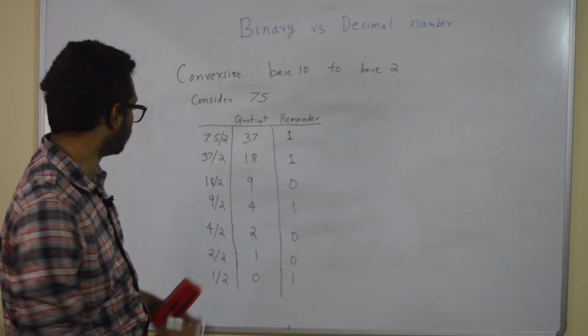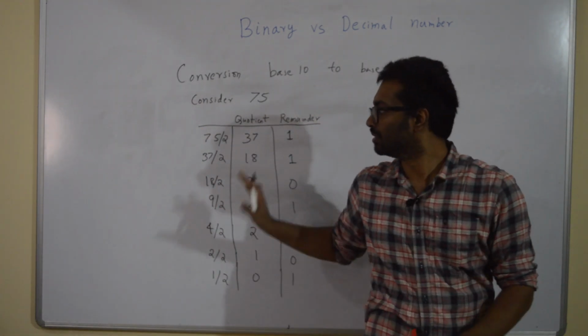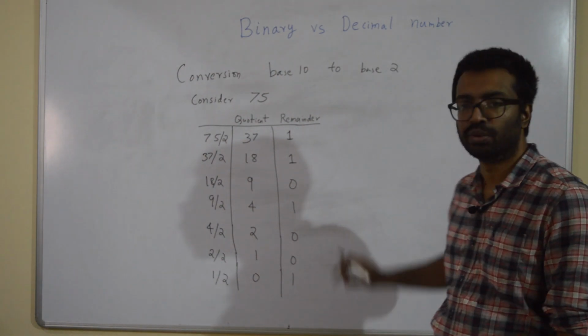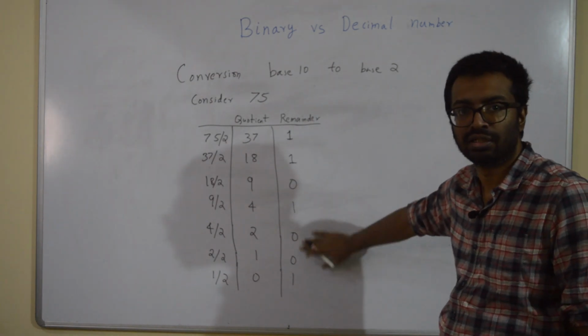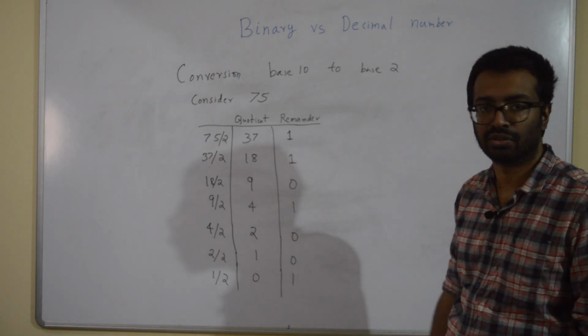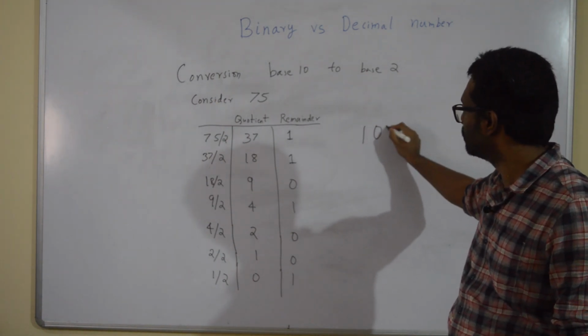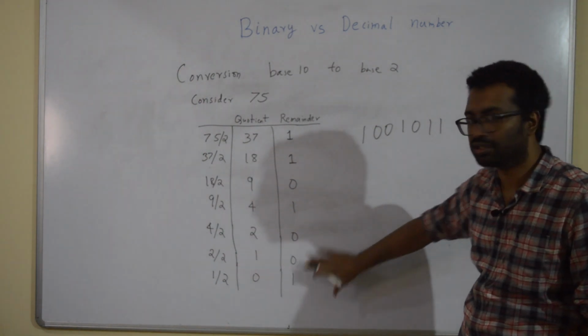Okay, I just filled it for you. We do the same thing and we get these. This is the table we get. And I claim that the binary number for 75 is this sequence. To write it, it will be written as 1 0 0 1 0 1 1. You could notice this one goes here.